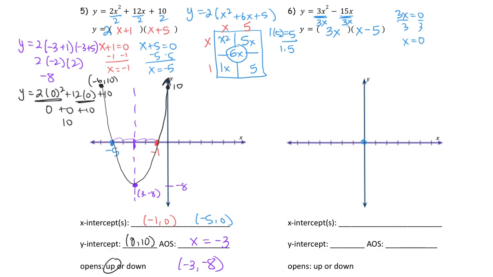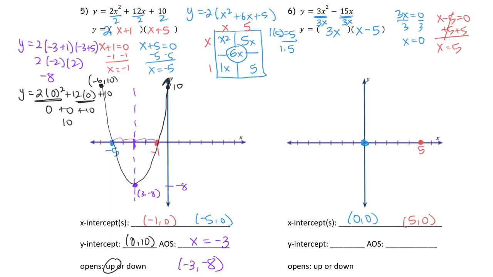So this is one of my x-intercepts at 0, 0. And then I can set my other factor equal to 0, x minus 5 equals 0. And if I add 5 to both sides, I end up with x equals 5. So that would be right here at 5. And my intercept would be 5, 0.